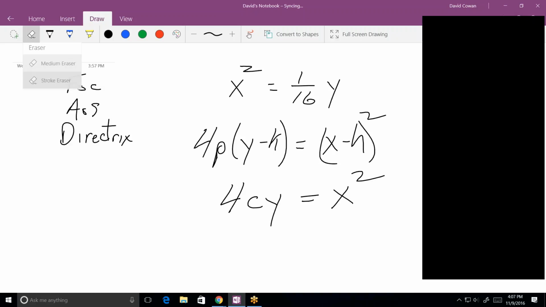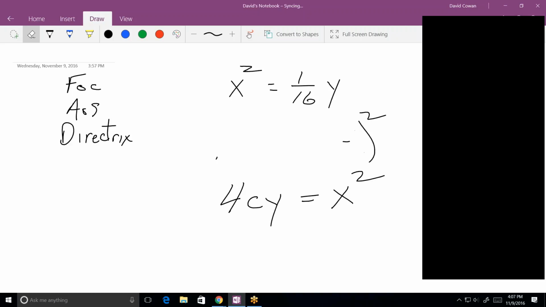In this particular problem, the vertex is at the origin. In other words, there's no number being added or subtracted to x, and no number being added or subtracted to y. So let's erase this and use this format here.